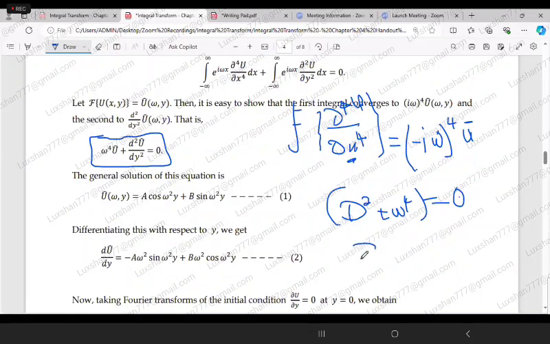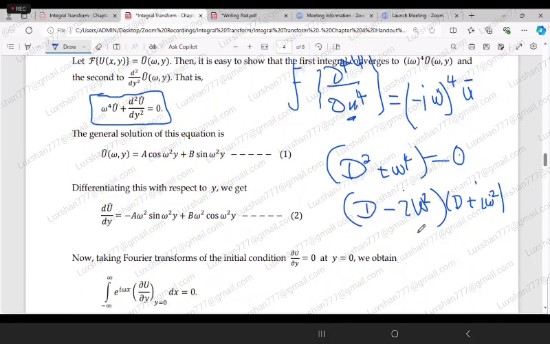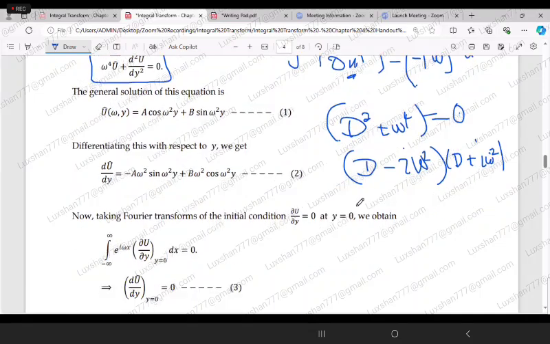Okay, so actually this is (D minus i omega squared) into (D plus i omega squared). Okay, so these are complex solutions. Since it is a complex solution, alpha is 0. Here, one solution is minus i omega squared. The other one is i omega squared.